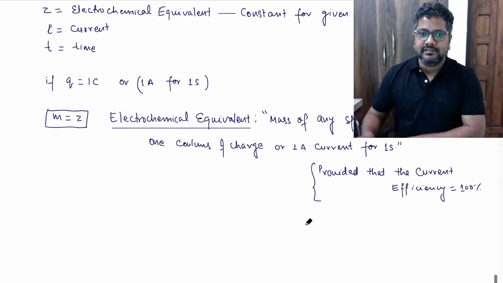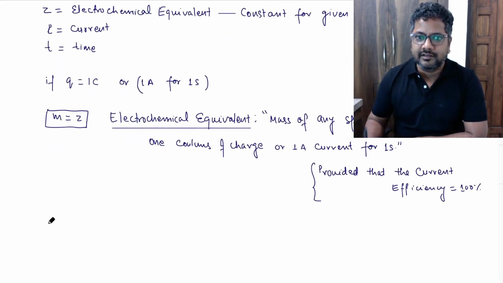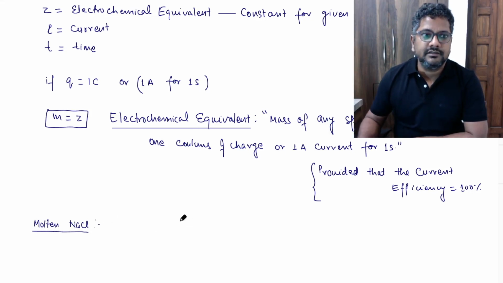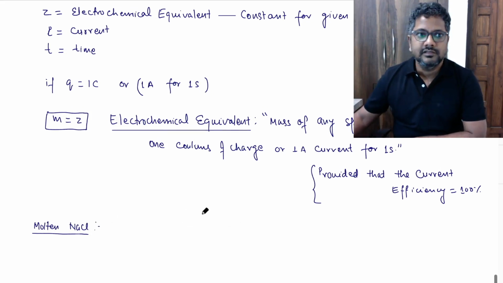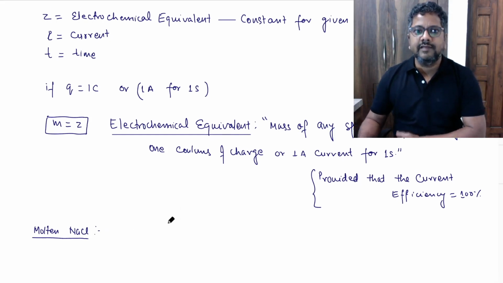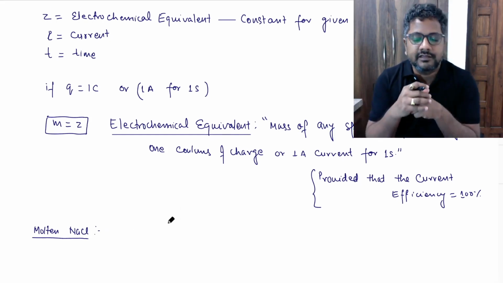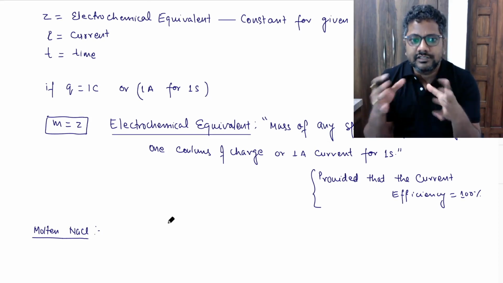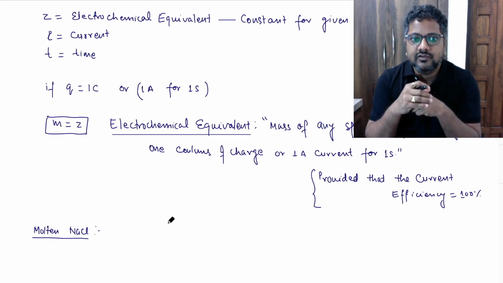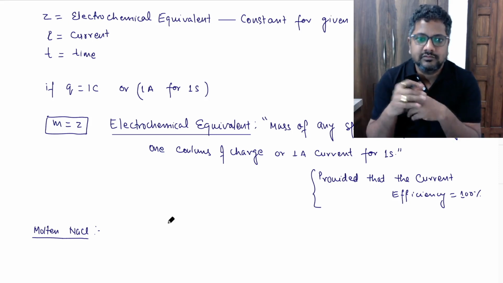So suppose we are taking molten sodium chloride, molten NaCl, right? If we pass 1 ampere current for 1 second through this electrolytic solution, how much sodium will deposit at the cathode, right?